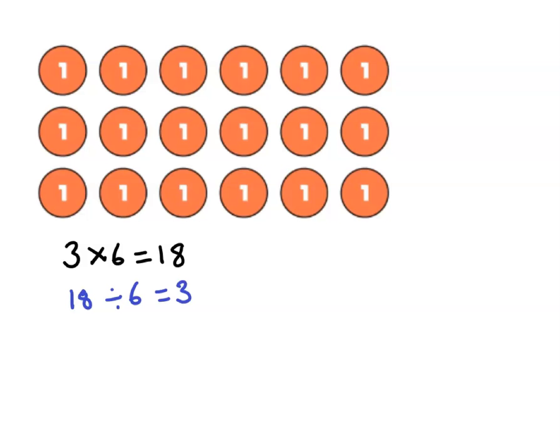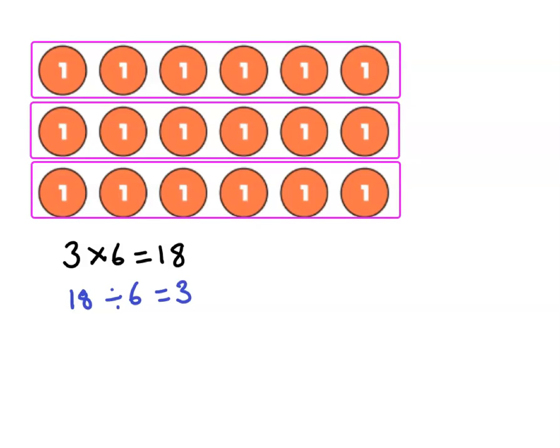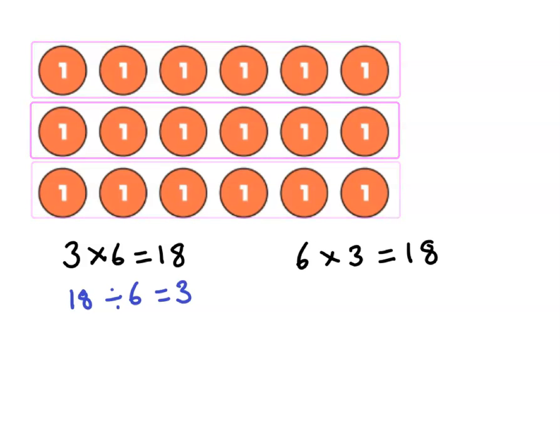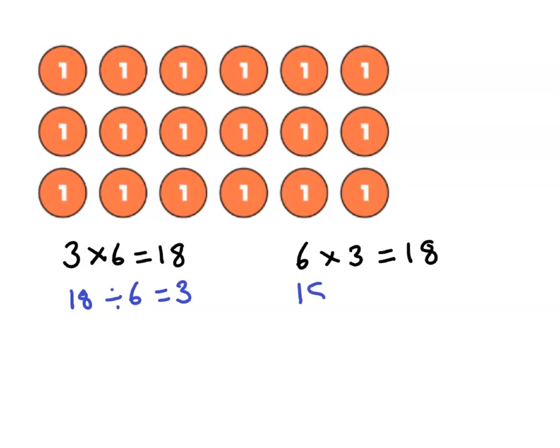What other multiplication could we write? Let's look at the rows. 6 times 3 is equal to 18. And we can see 18 divided by 3 is equal to 6.